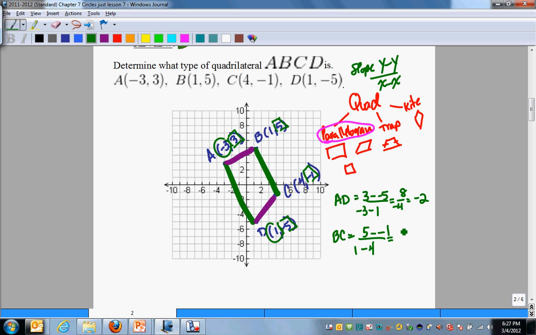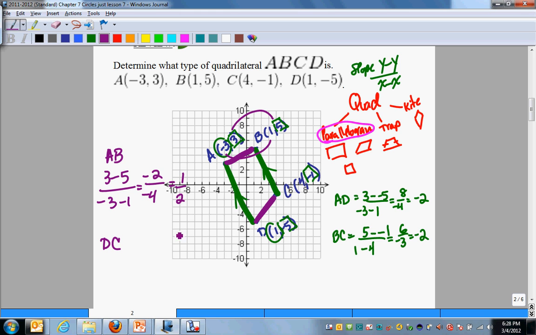And we see here this is going to be positive 6 over -3, and again we get -2. So we know at least these sides are parallel. Now let's check the other two. We're going to go A to B, which in this case is the purple, and we're going to go 3 minus 5 over -3 minus 1. This is going to be -2 over -4, which is positive 1/2.